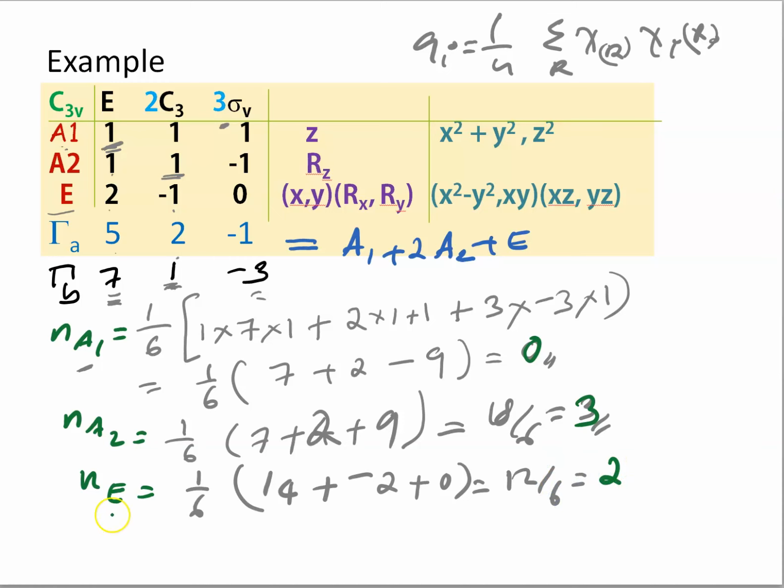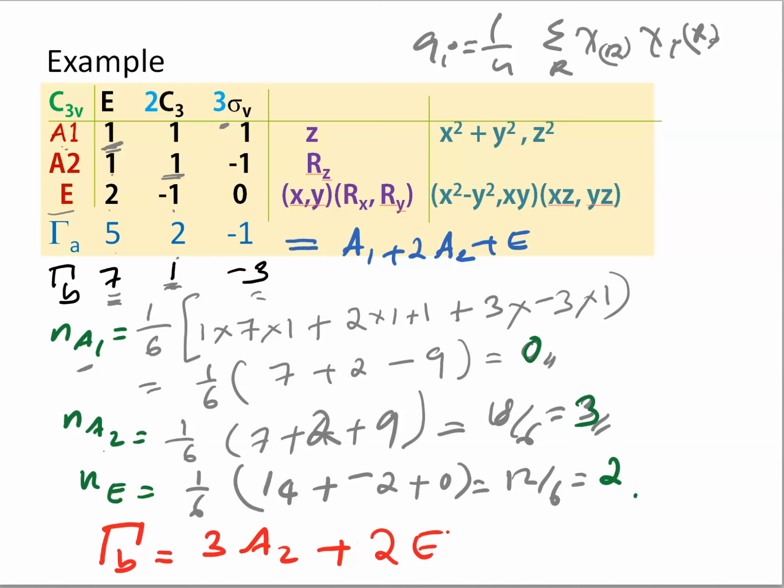So the number of times E is present in gamma B is equal to 2. Number of times A2 is present in gamma B is equal to 3. Number of times A1 is present in gamma B is equal to 0. So we can write gamma B is equal to, A1 is not present in gamma B, but A2 is present 3 times, so 3A2 plus E present 2 times, 2E.